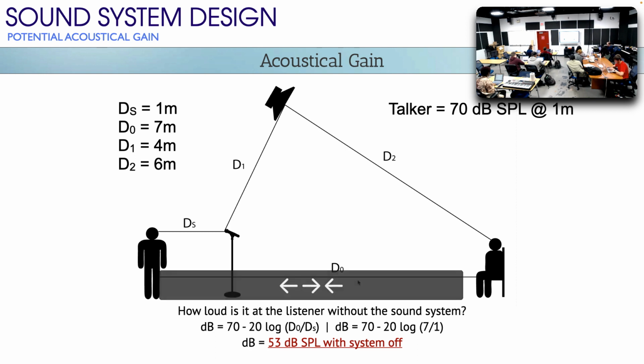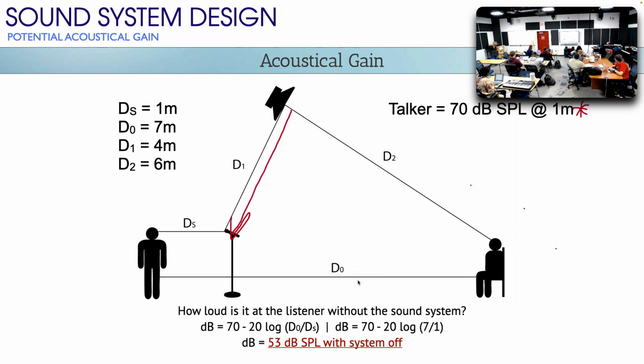Okay, so let's figure some of this out. How loud is it at the listener without the sound system? Let's pretend the sound system isn't turned on. What will the listener hear? Well, if the talker is producing 70 dB at 1 meter away, and the listener is 7 meters away, then we could figure that out by doing 70 dB minus 20 times the log of d0 divided by ds.